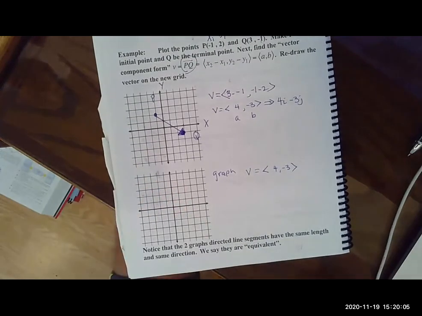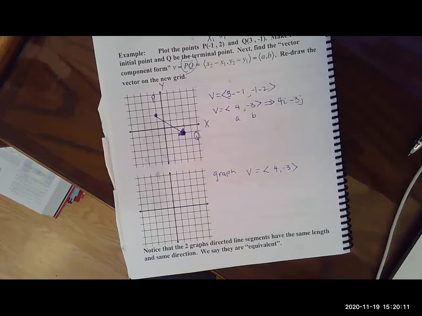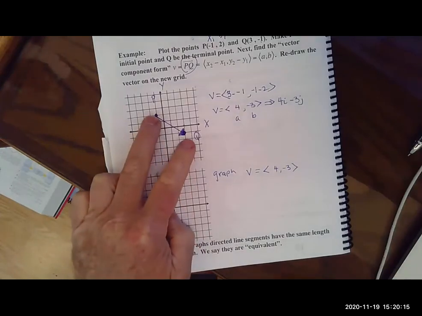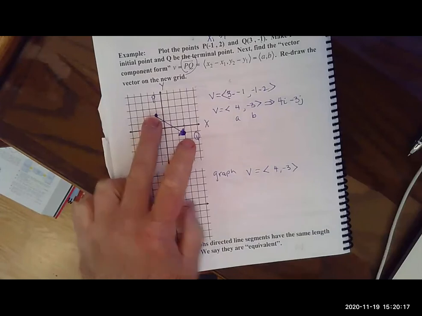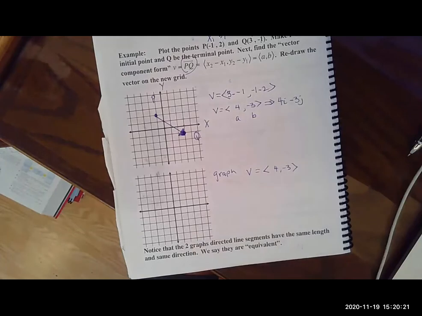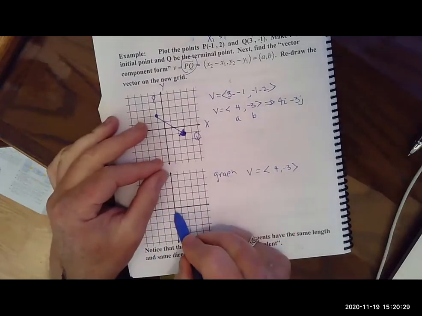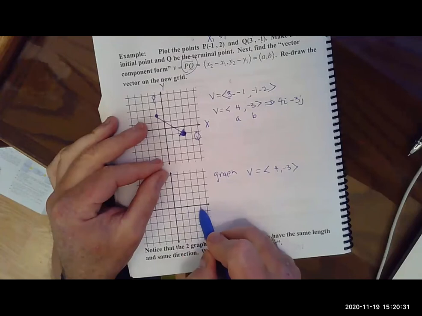So anytime you're given a vector in component form like we have here, you always start at the origin. So instead of drawing it like this with 2 ordered pairs, this is saying always start at the origin. It's going to feel like a unit circle. Always start at the origin and then go out to 4, -3. So 4, 1, 2, 3, 4, -3.